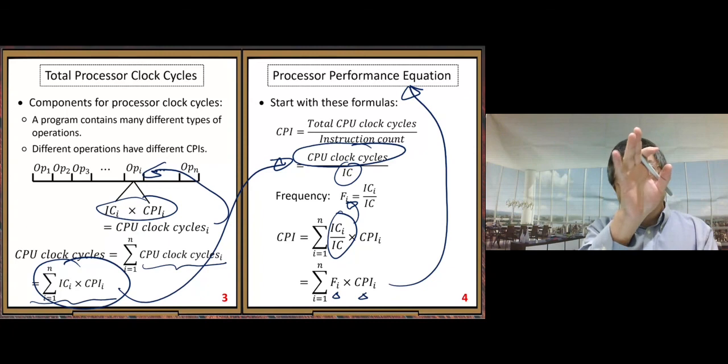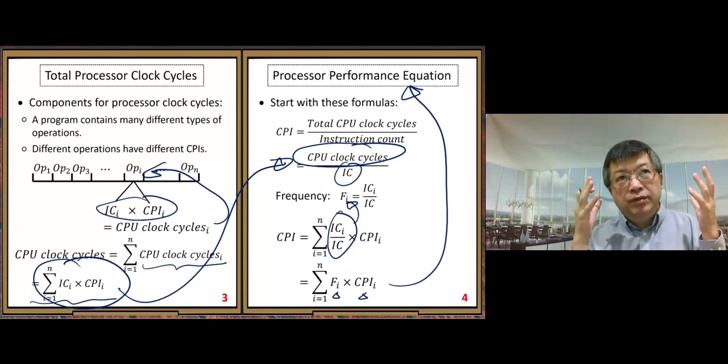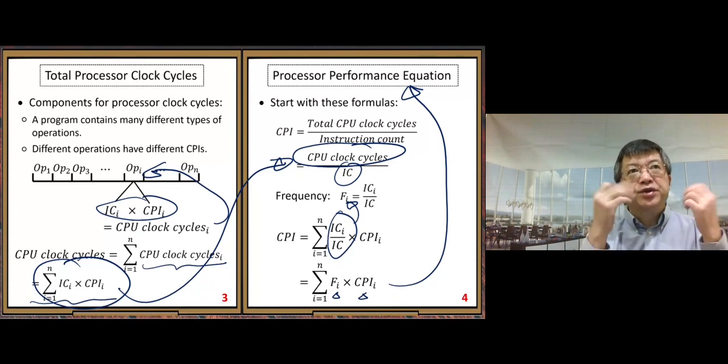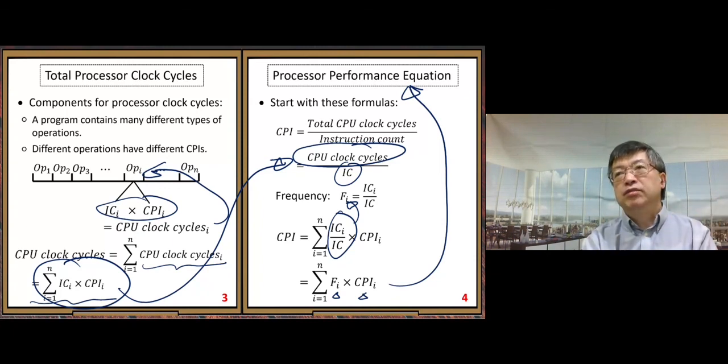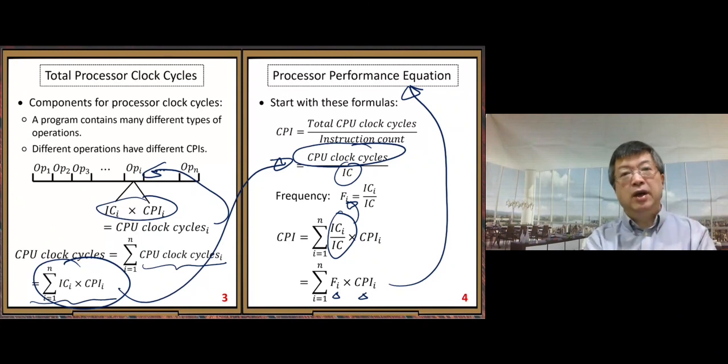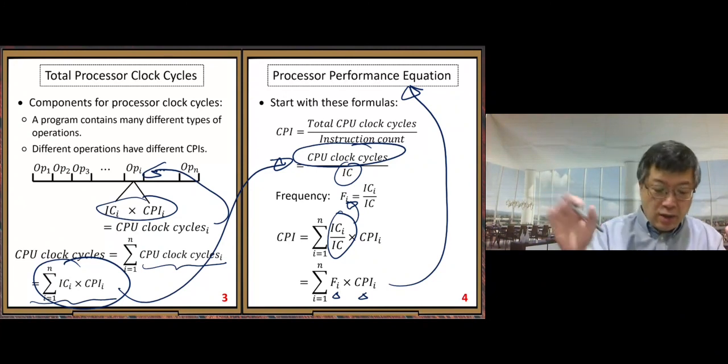In our last video, part B.4, I will apply this formula to solve one example. So you will see how we use this equation to solve real-world problems. I will just give you a typical example so you will get an idea. All right, so let me stop here.